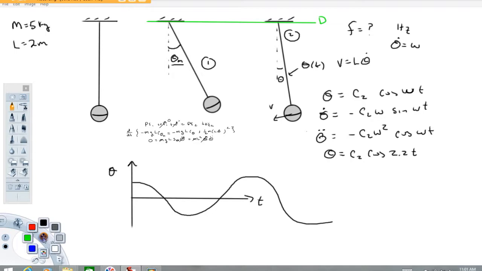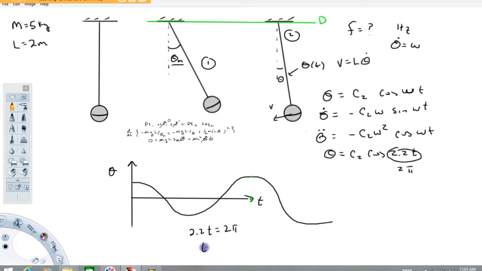And again, a really important part of the graph is one complete cycle, which is here. That time is the period. And at that point on the graph, 2.2t has to equal 2 pi, because we have cycled through one complete wave here. That means this right here is 2 pi.